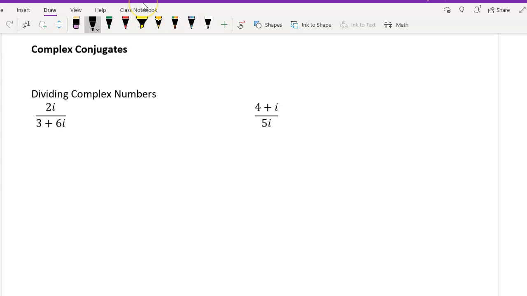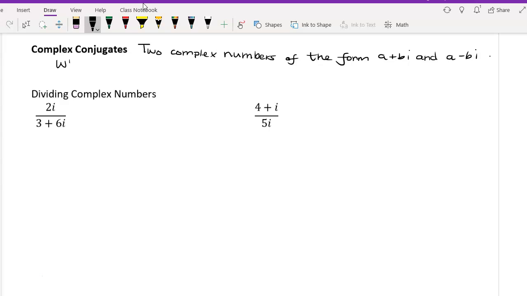So complex conjugates are two complex numbers of the form a plus bi and a minus bi.